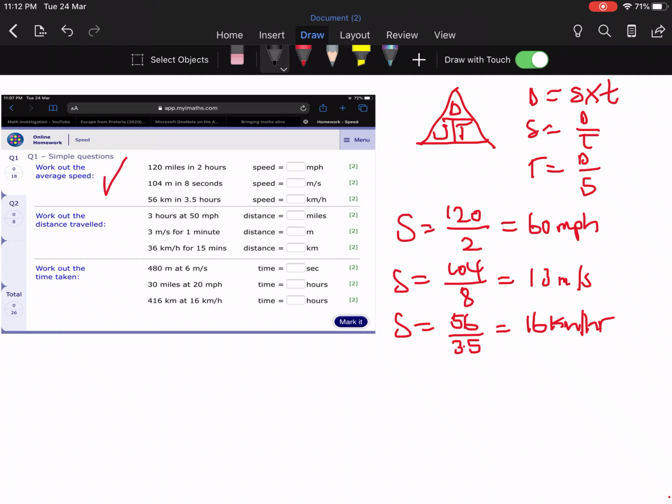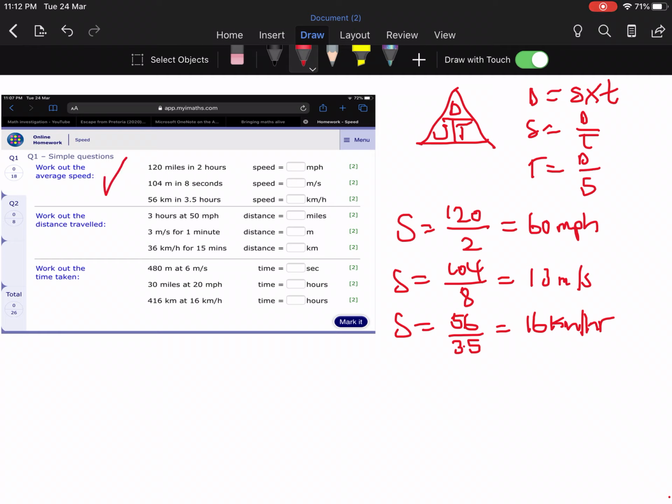Now change colour, go for a blue for this one. So distance is equal to speed times time. So the first one's 3 times 50, which equals 150 miles. Next one is, now it's meters per second, so you need to be careful.